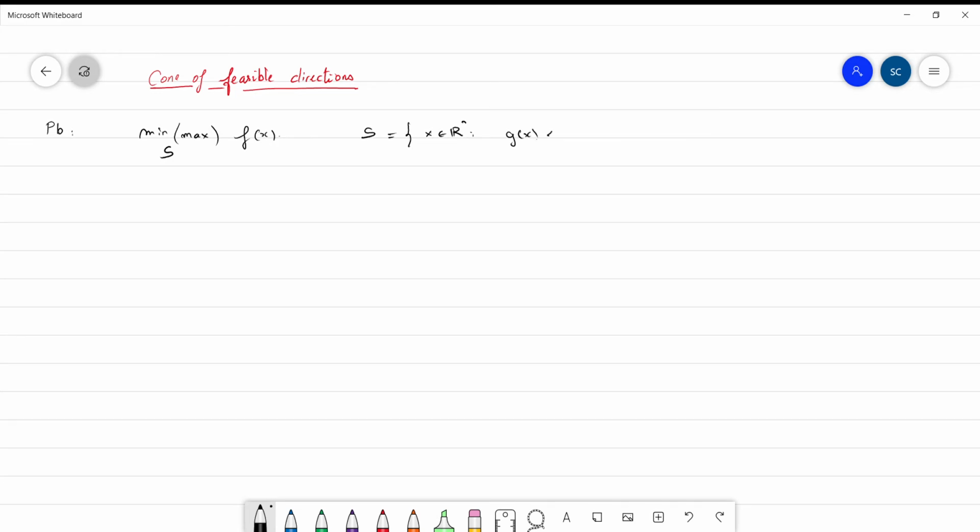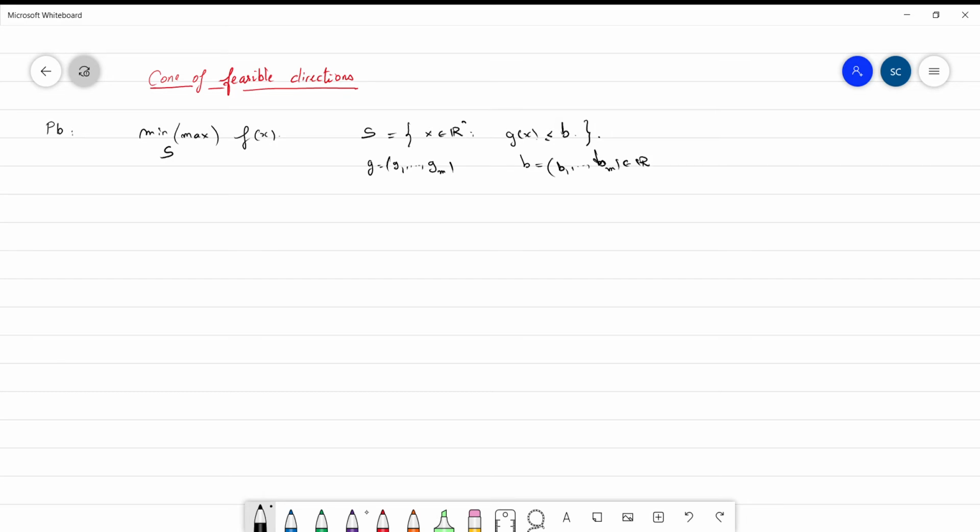G is a vectorial function, okay? So g is a function g1, ..., gm, and b is a vector, b1, ..., bm.